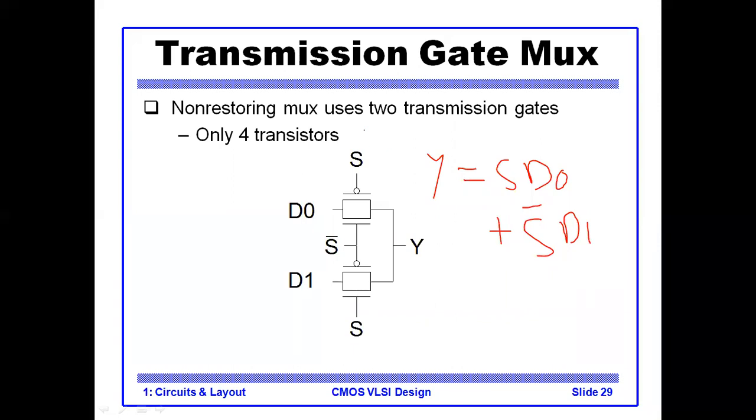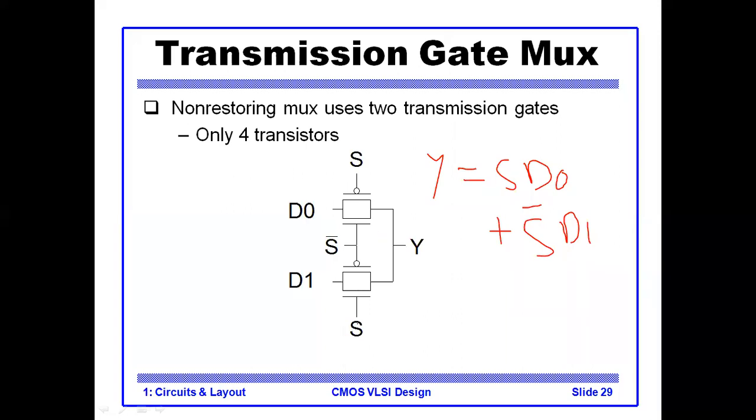So here only 4 transistors are required, and with these 4 transistors we can implement the same logic function, that is Y is equal to S'D0 plus SD1. When I'm applying 0 on S, so it will select, sorry, S bar. Here when I'm applying S as 0, the complement S bar is 1. And when I'm applying 0 to the PMOS, it will act as a closed switch, and that D0 will appear across the Y terminal.